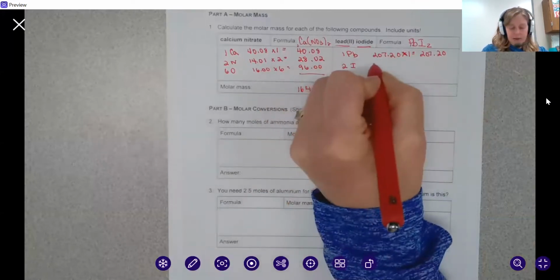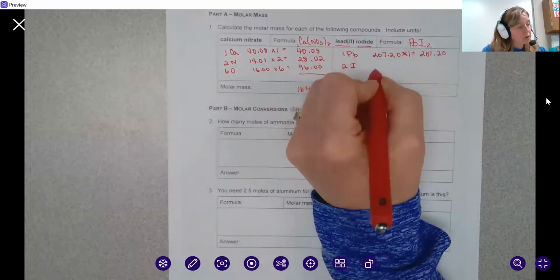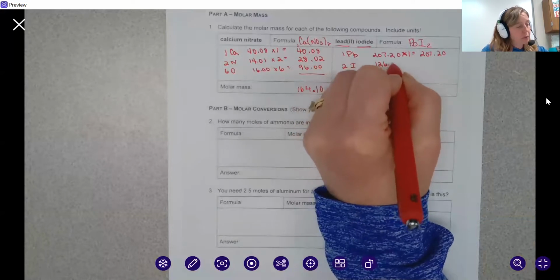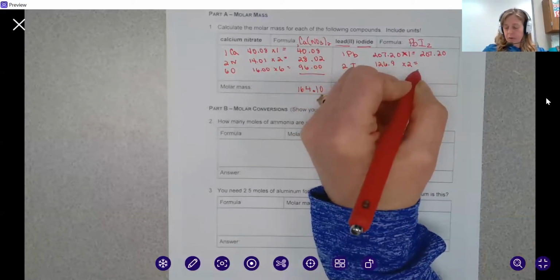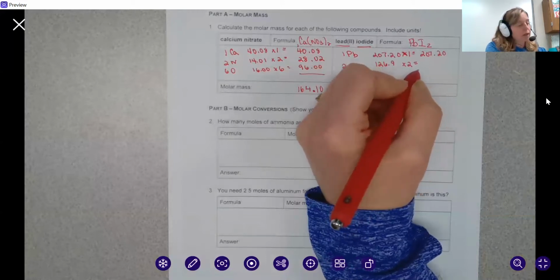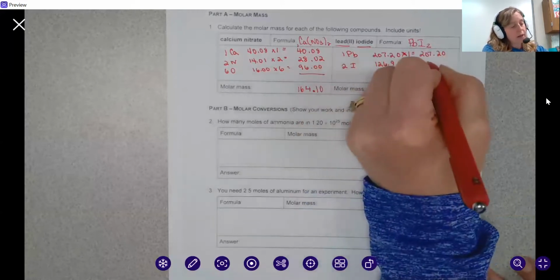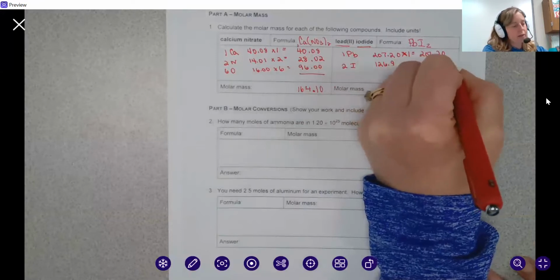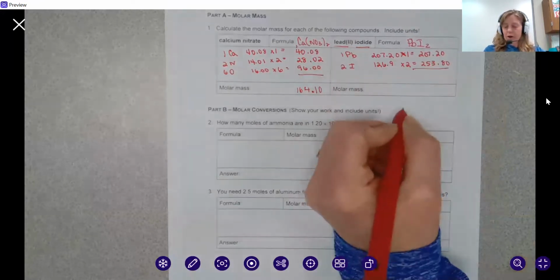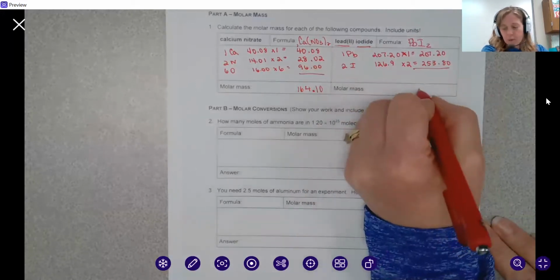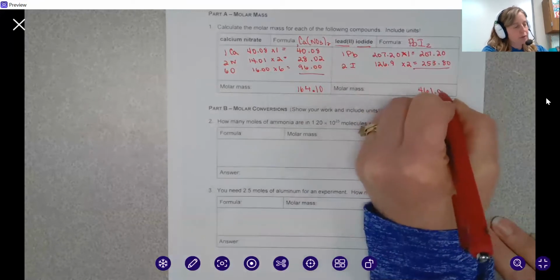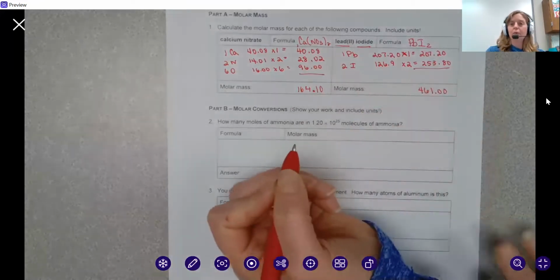And then iodine is 126.9 times 2, and that's going to give me 253.80. Okay, so now I'm going to add that to the 207.2, and it's going to give me 461.00 for my molar mass.